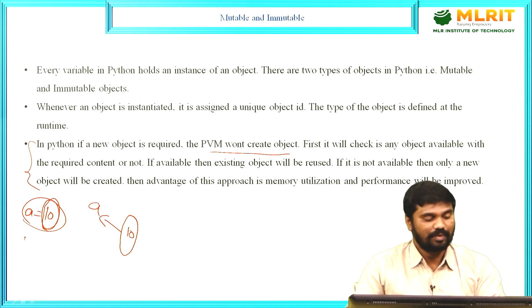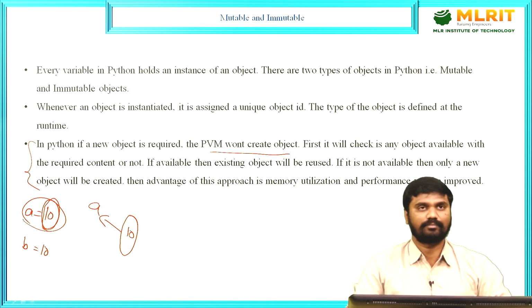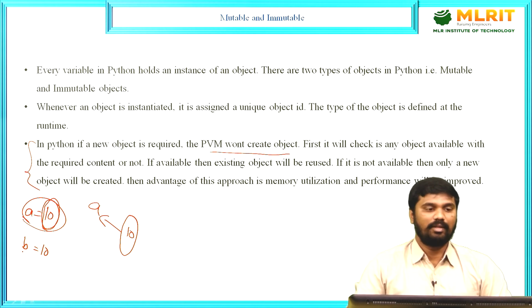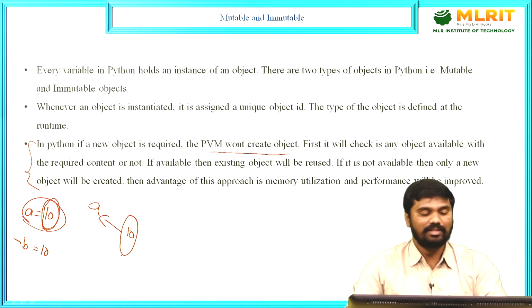For example, a equals 10 and b equals 10. Whenever this statement is executed, the Python virtual machine won't create an object immediately. It will check the memory to see whether there is an existing object with the same value. Now in this memory there is already an object with that value.